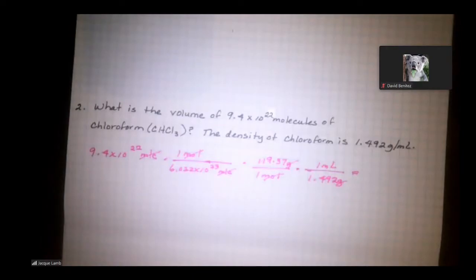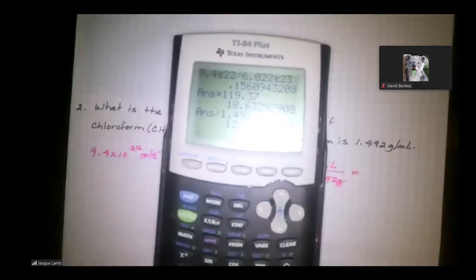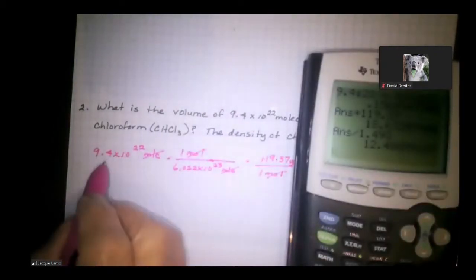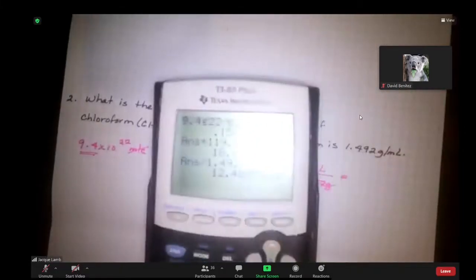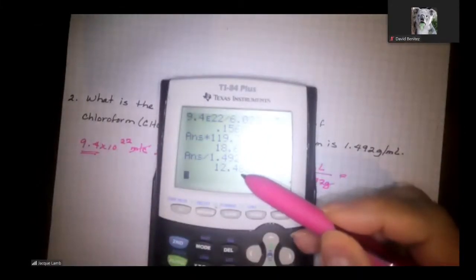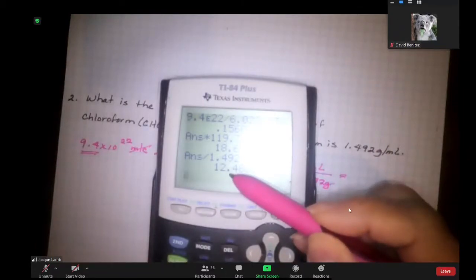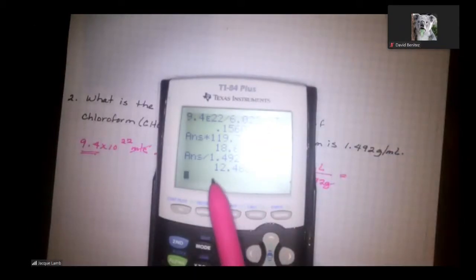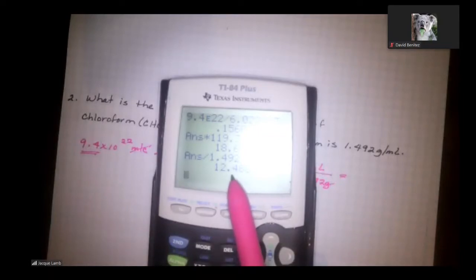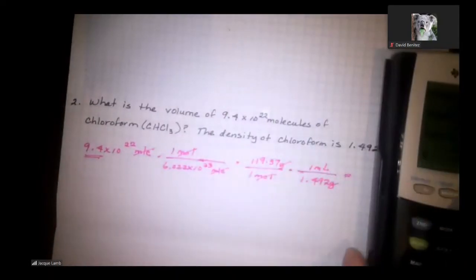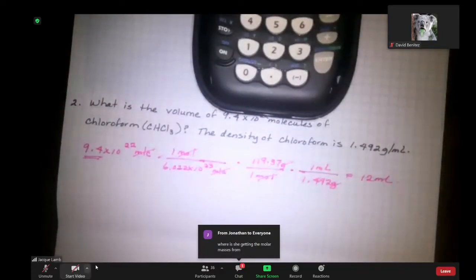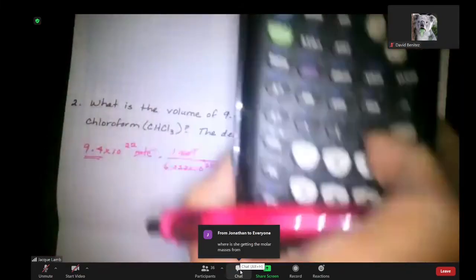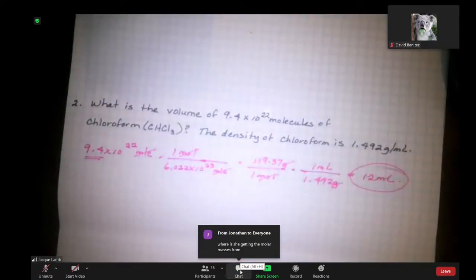And I end up with 12.488, but I have to limit myself to 2 significant digits. You don't have to go beyond the 4. You don't have to go to that 8. You just go to the next digit. It's 12.4. 4 is less than 5. So your answer is 12 milliliters. And that's the answer for that one. So that's going in both directions.